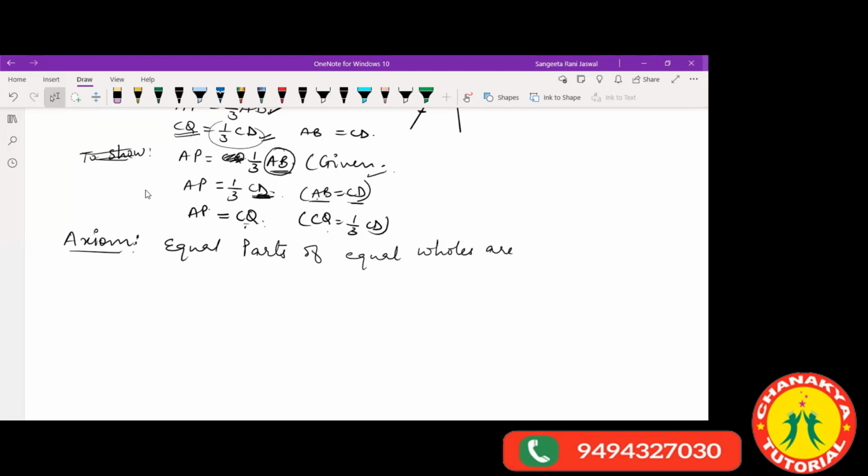Although it is not there in the list, equal parts of it was in a different one. Equal parts of equal wholes are equal. So the two lines were equal and their equal parts were equal.